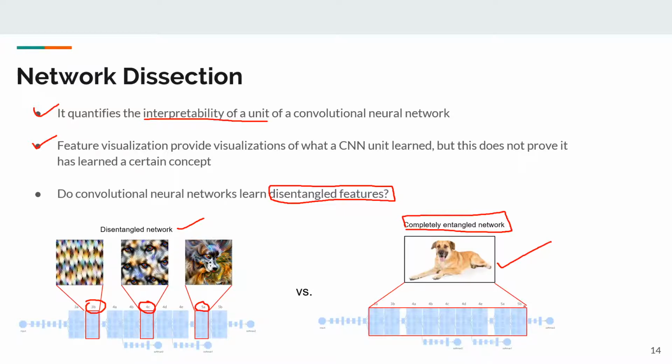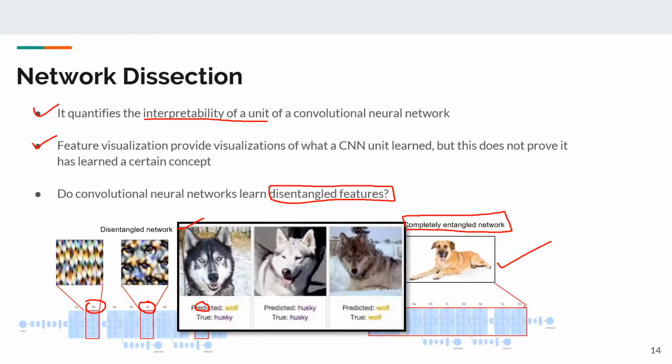Let us assume we have a network with completely disentangled units that are labeled with known concepts. This will allow the possibility to track the network's decision-making process. For example, we could analyze how the network classifies wolves against huskies. First, we identify the husky unit.